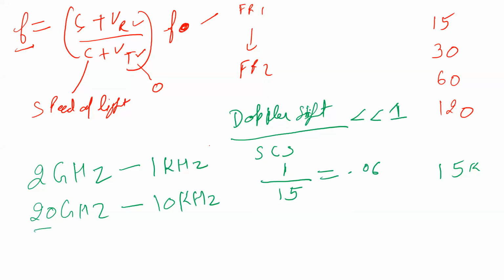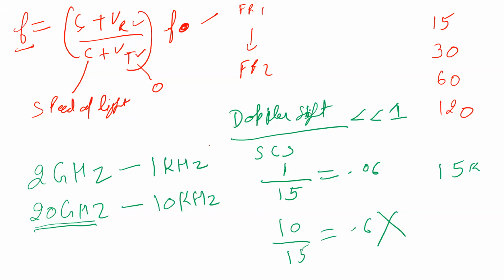But in case of 20 gigahertz, my Doppler shift is 10, and if you divide by 15, it will be around 0.6, and this is not valid because according to our equation, it should be very, very less than 1. So it can be 0.05, it can be 0.08. That's why our subcarrier spacing should be very high in case of high frequency. Otherwise, there will be very high effect of Doppler shift.